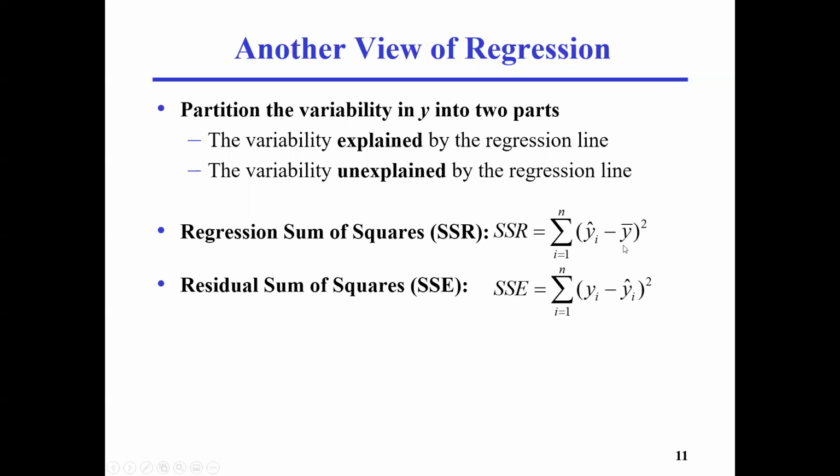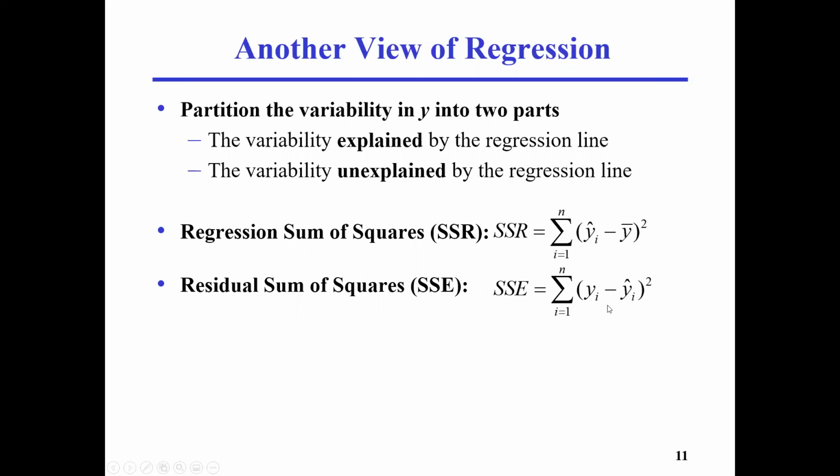It is about the difference between the predicted value and the mean value. SSE, the residual sum of squares, quantifies the variability unexplained by the regression line, related to the difference between the observed value and the predicted value.